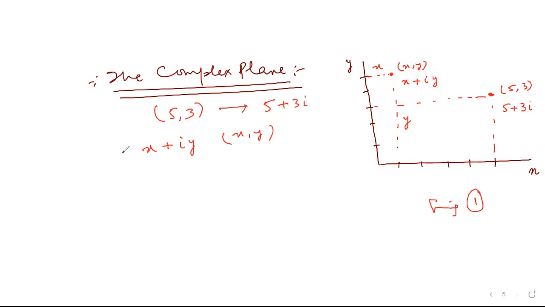Now, when the point x comma y is used to represent the complex number x plus iota y, then this xy plane is called the complex plane.